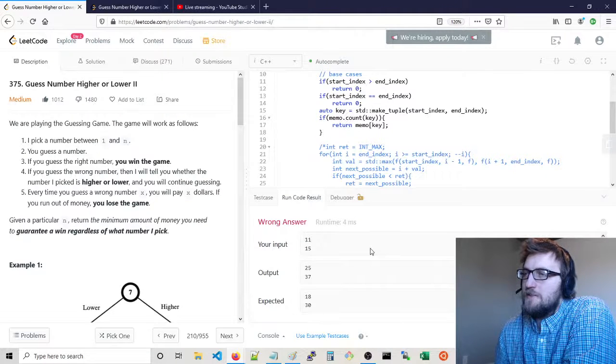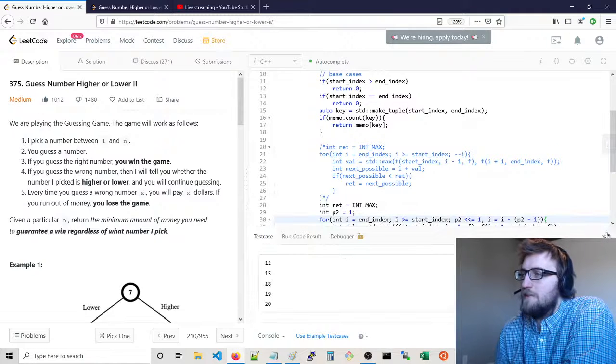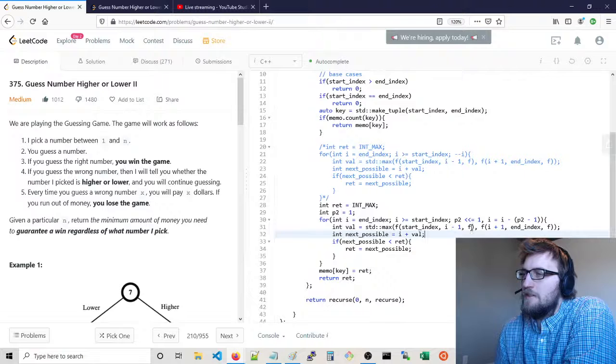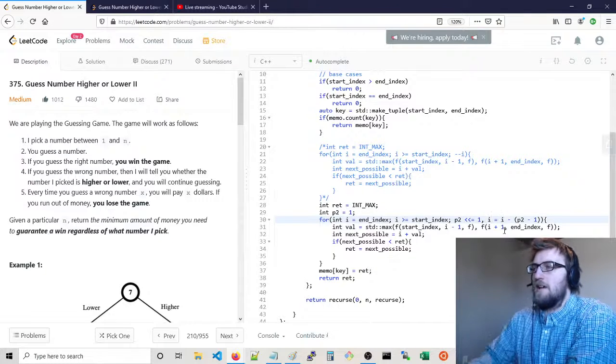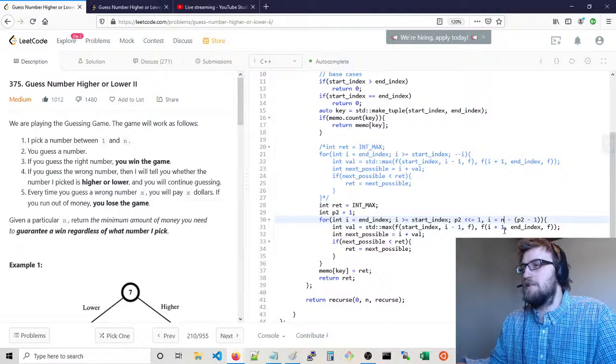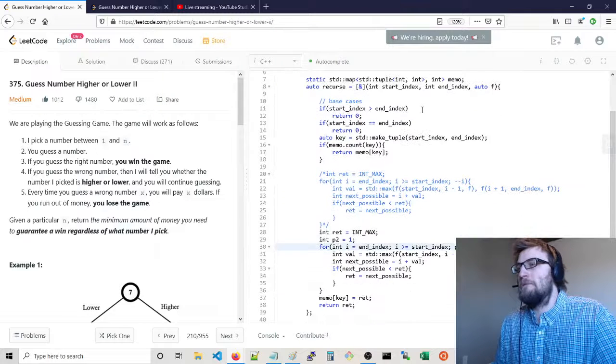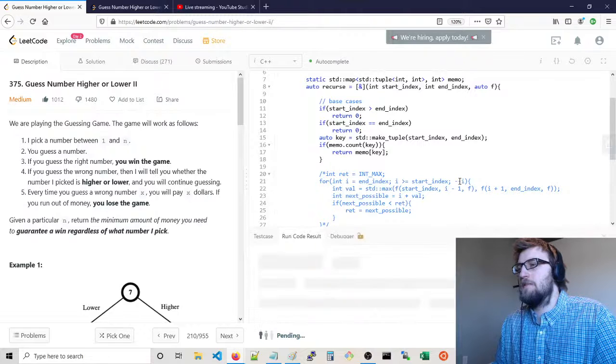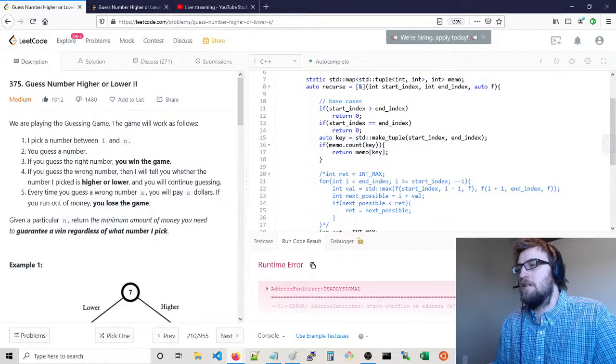Wrong answer. No. Shoot. It's not I equals. I is going to be equal to N. Is it N? Am I doing this wrong? Oh, yeah, that's wrong.